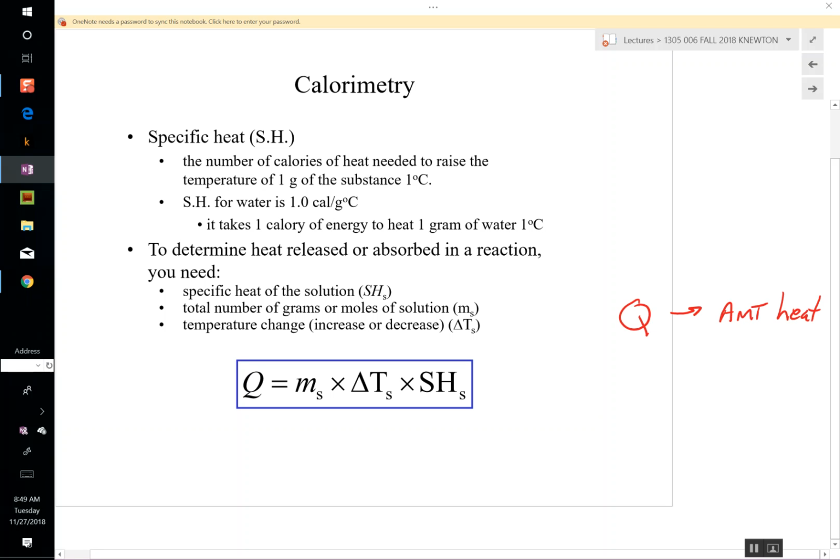And if it is a chemical reaction, Q can be related to the change in enthalpy. Not everything you would do in a calorimeter is a chemical reaction. You might take a chunk of hot aluminum and drop it into a little bit of water and see what happened.